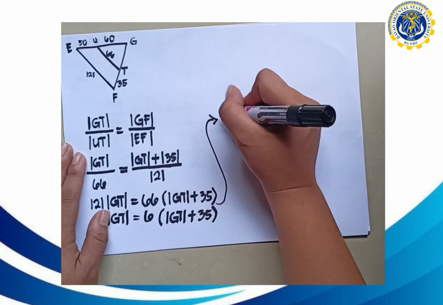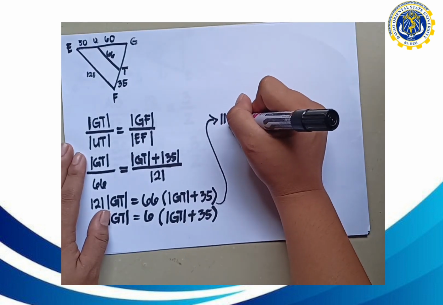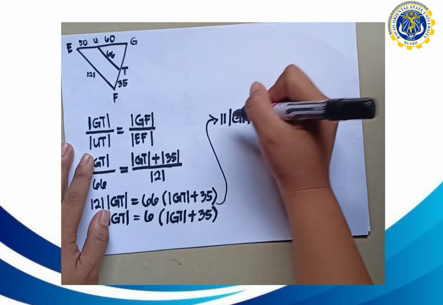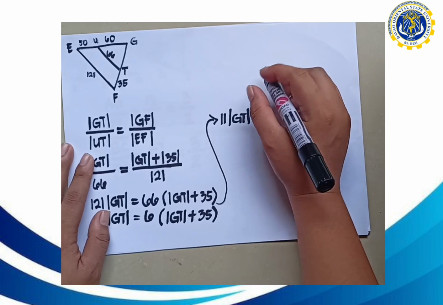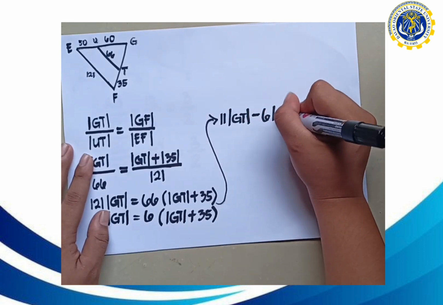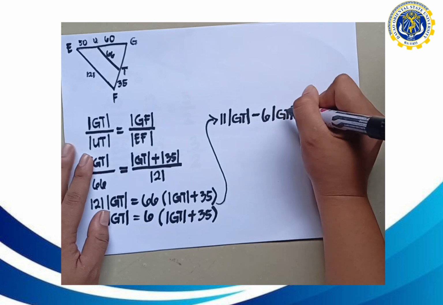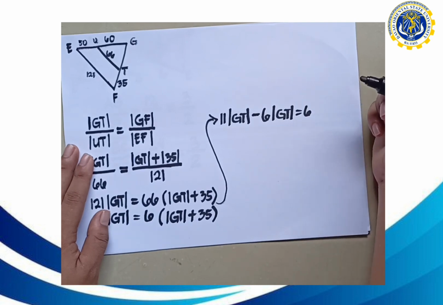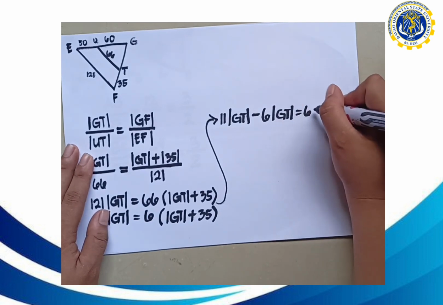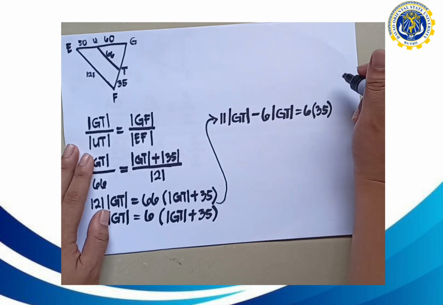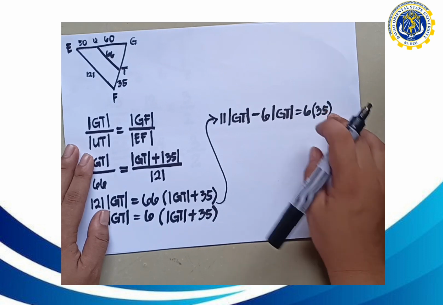So we have 11 times the unknown GT minus 6 GT is equal to 6 times the quantity of 35. Then solve for GT and simplify.